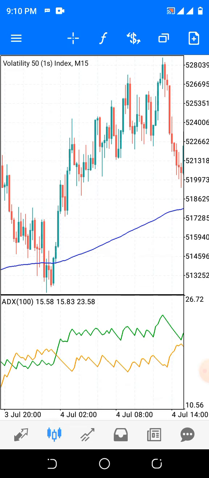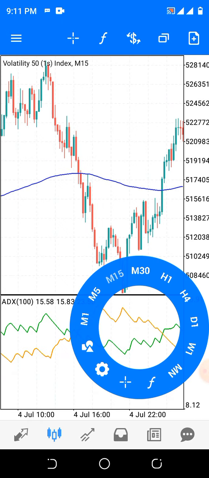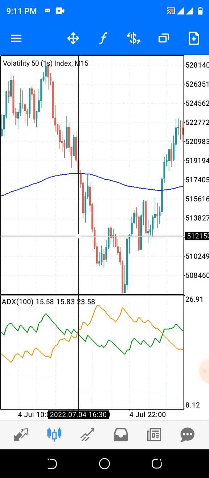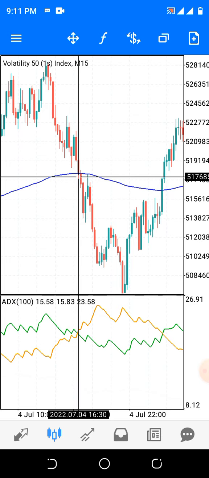Now here is another signal. Look at this. This is where the crossing occurs. If you watch closely, you see that the candlestick did not close below the moving average. It closes just at the moving average.